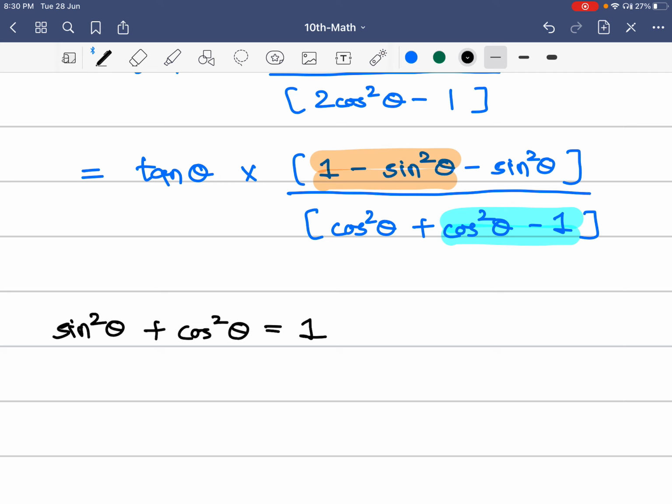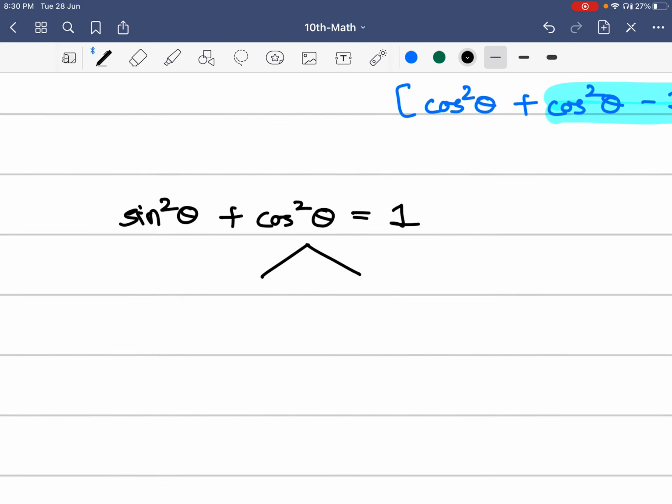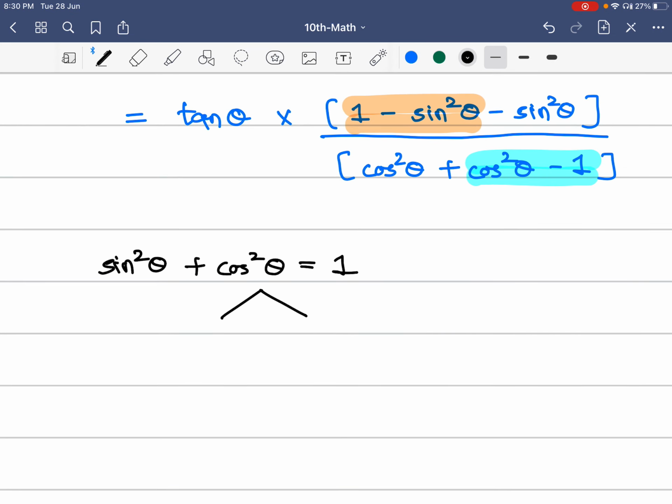So there are two things that we can derive from this equation. One is, cos square theta will be equal to 1 minus sin square theta. I'm just going to mark it like this with the same orange color. So that is what we want here, 1 minus sin square theta.